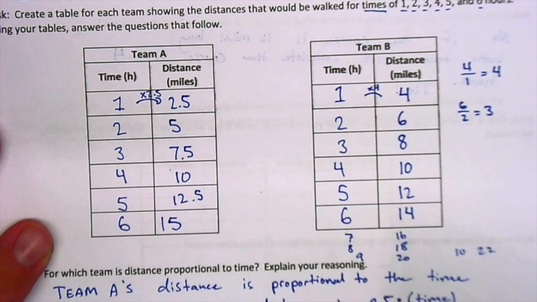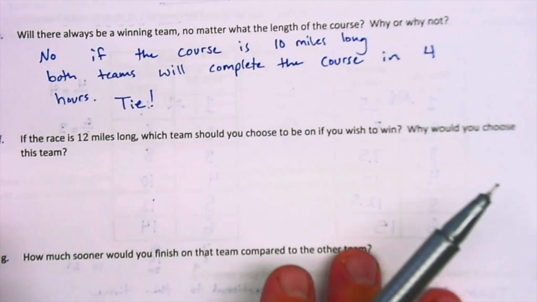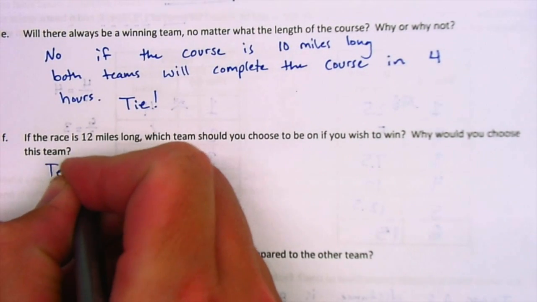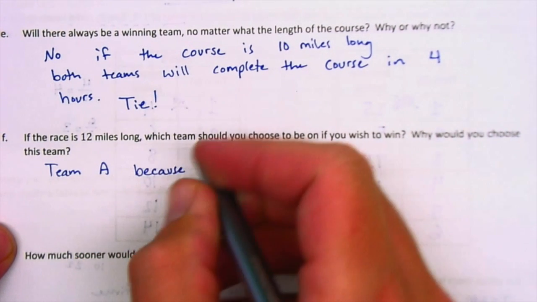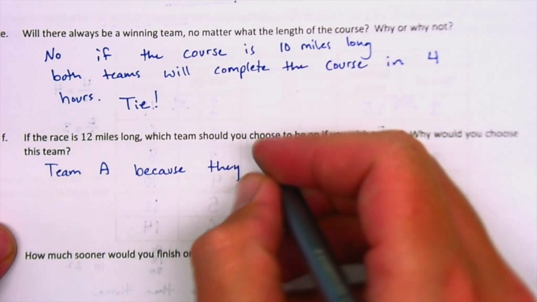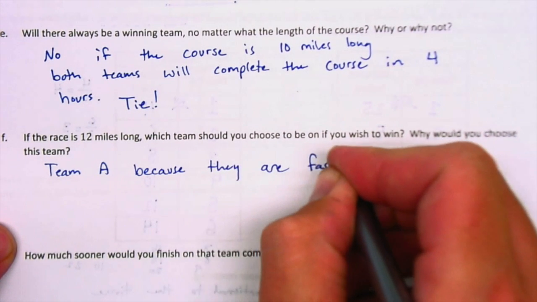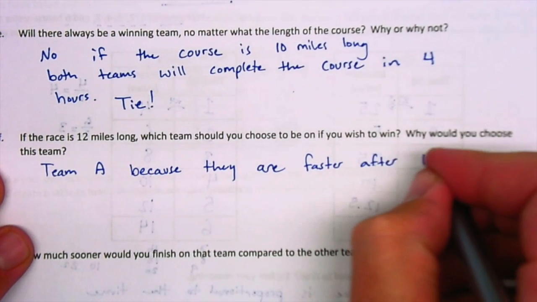So if I were to pick a team, I would pick Team A because they are faster after 10 miles.